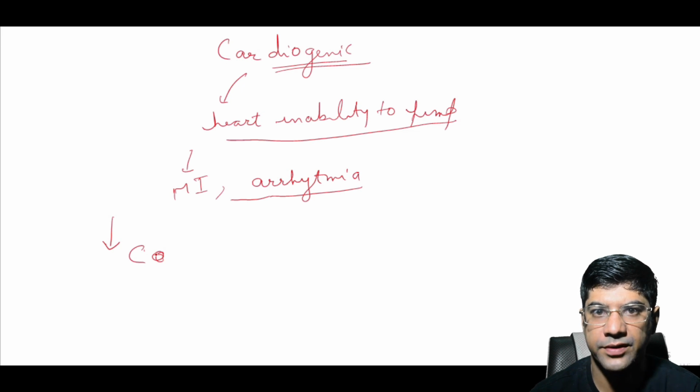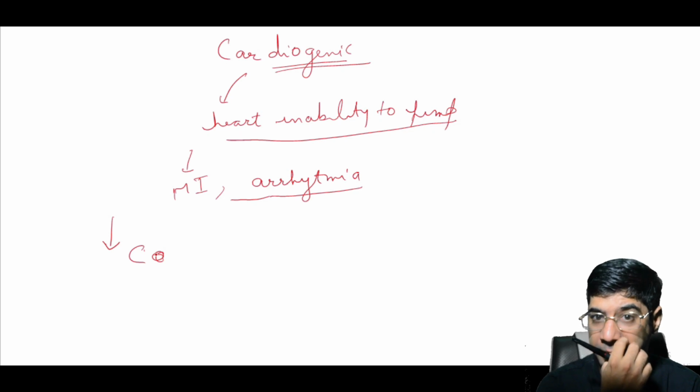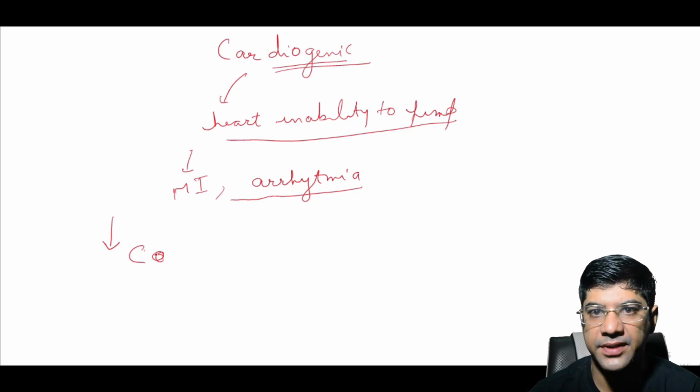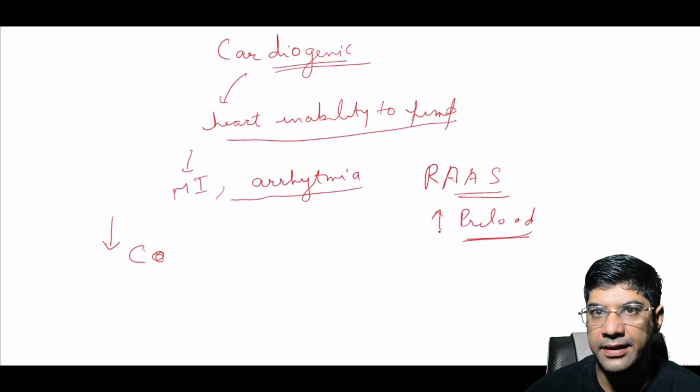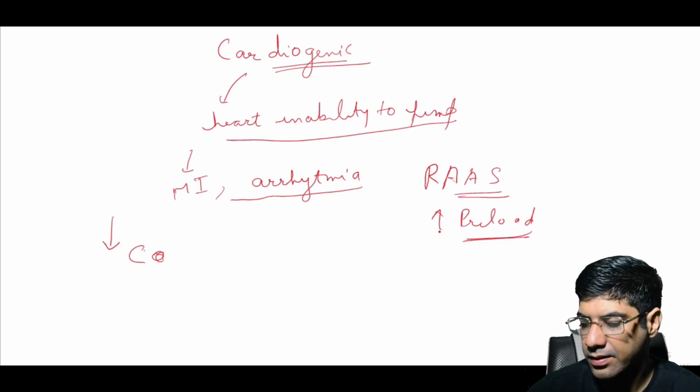Now, coming to the pathophysiology, first of all, you would see the compensatory mechanism. The body attempts to compensate by activating the sympathetic nervous system, which leads to an increase in heart rate and peripheral vasoconstriction to maintain blood pressure and perfusion to vital organs. The RAAS system is also activated, leading to fluid retention and increased preload.